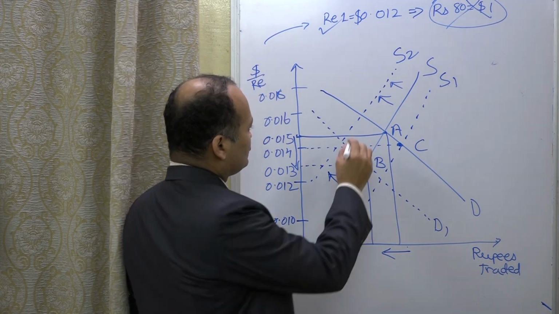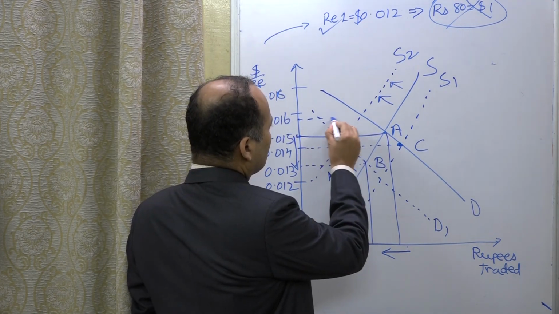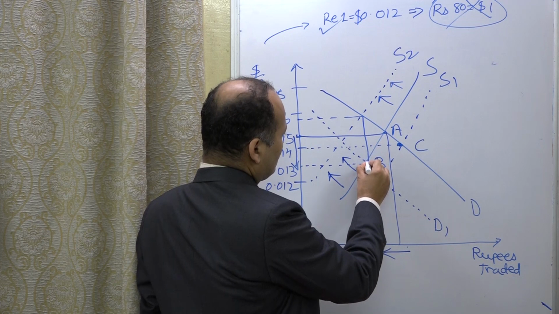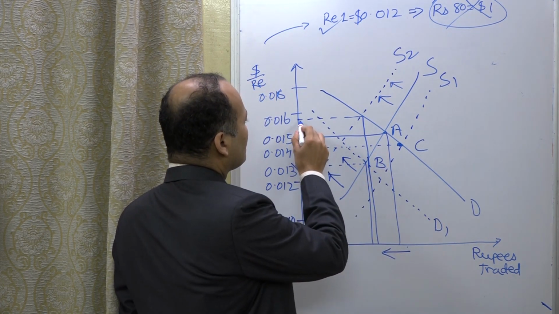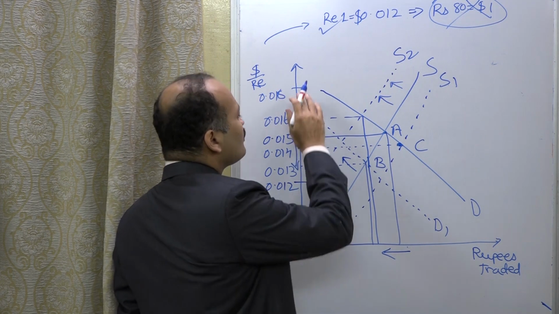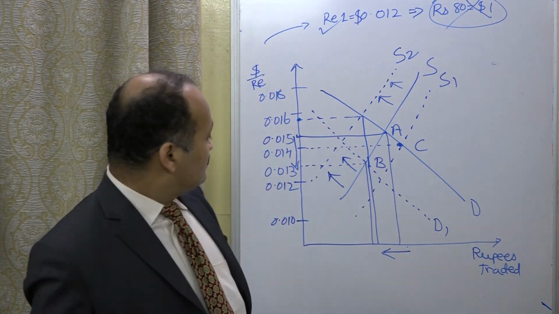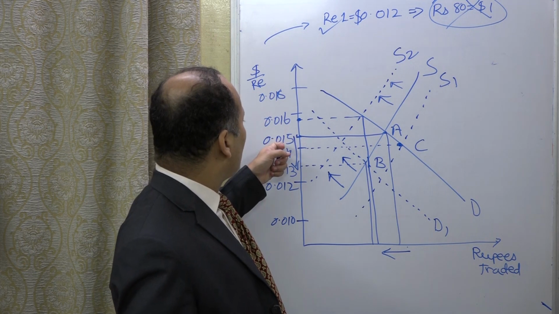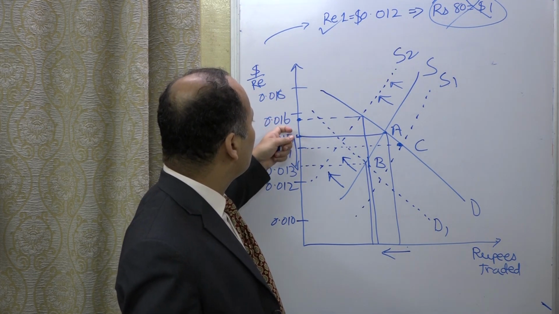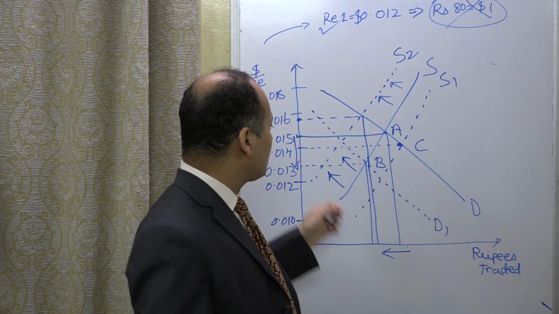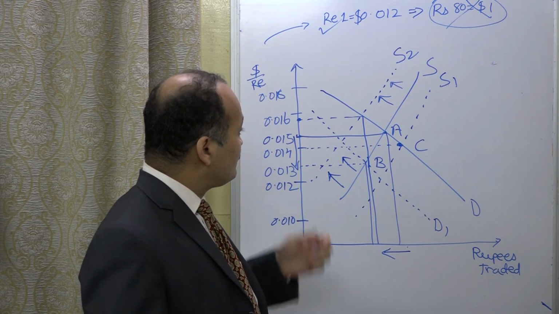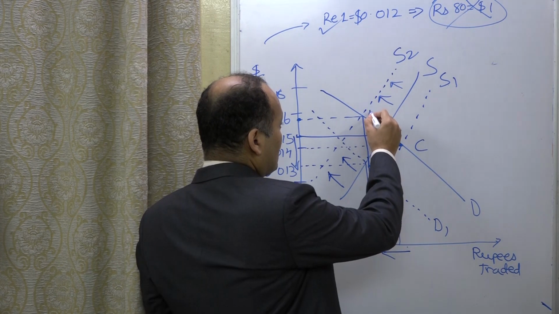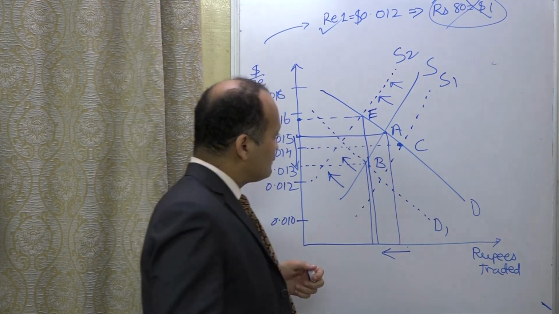So what we are getting, maybe initially you were at 0.015, but now from 0.015 you will move towards 0.016. In other words, the rupee will appreciate. Please keep in mind, this is point E, suppose.